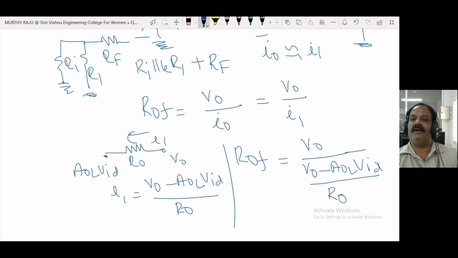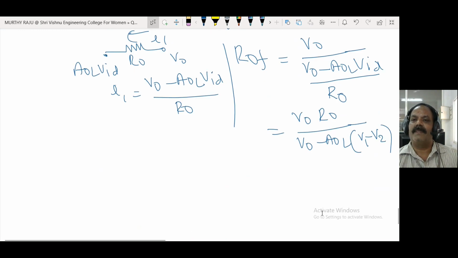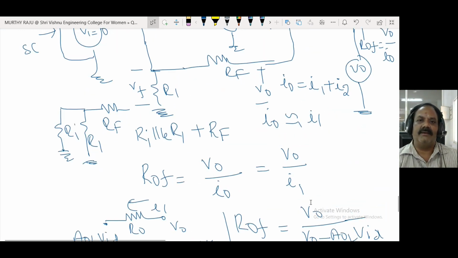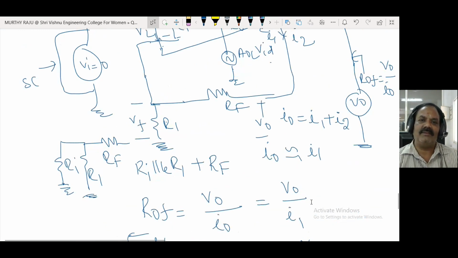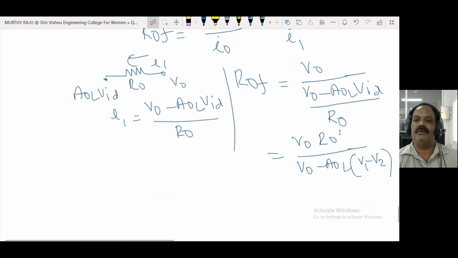So ROF is equal to V naught R naught by V naught minus AOL VID. We know that VID is V1 minus V2. Here VA is equal to 0, which means V1 is equal to 0.